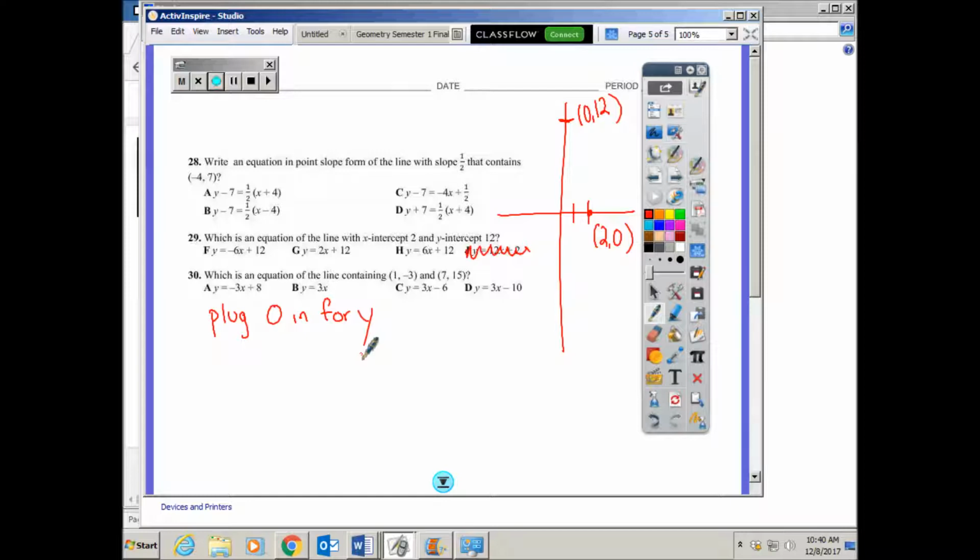Okay? So that's what I did. I put for the first one 0 in for y, negative 6x plus 12. I need to get x by itself, so I subtract 12 from both sides. And when I divide both sides by negative 6, negative 12 divided by negative 6 is a positive 2.